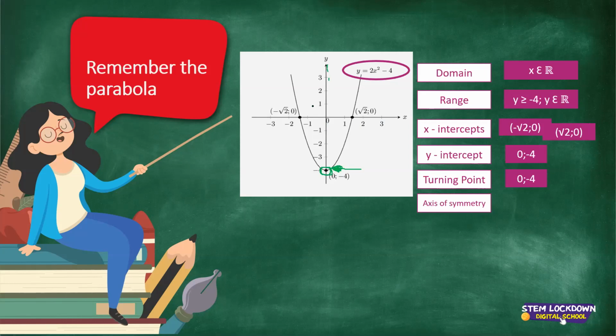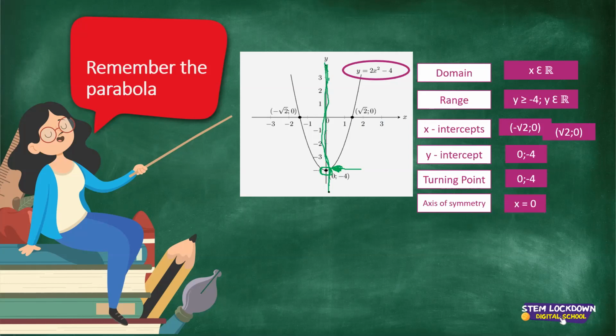So we know from here that our axis of symmetry is our y-axis, because from the turning point, whatever we did on the left, we do on the right. It's just that now we are working with a negative x. So our axis of symmetry is the y-axis where x is equal to 0. Hope that makes sense for you guys.